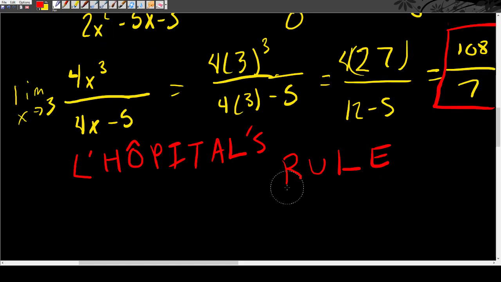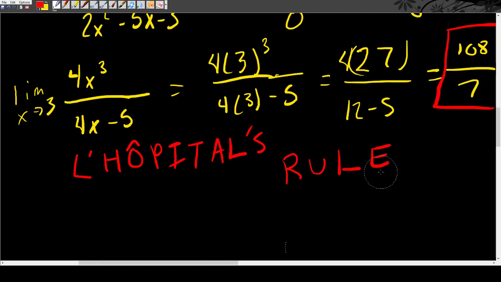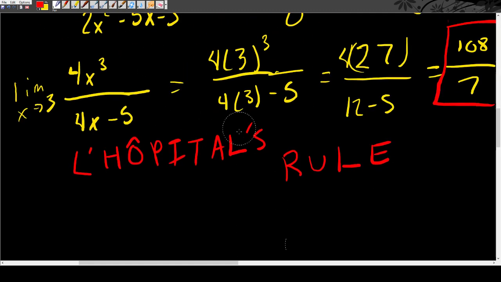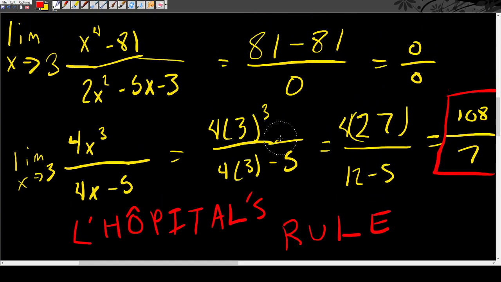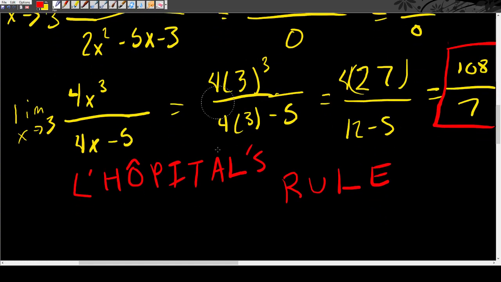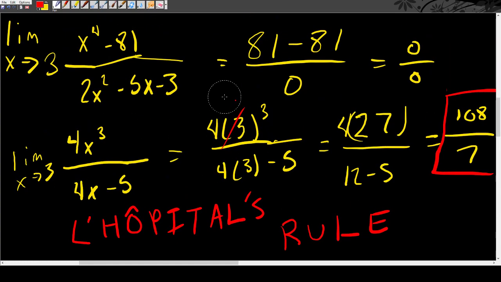I ended up having to retake that test, and I'm kind of angry that I had to. So yeah, L'Hopital's rule. If you don't know it by now, and this isn't the first time you're hearing of it, it's pretty easy and it's very useful.